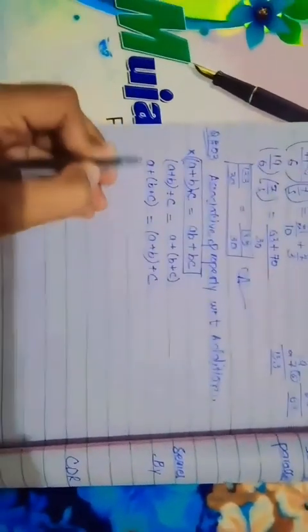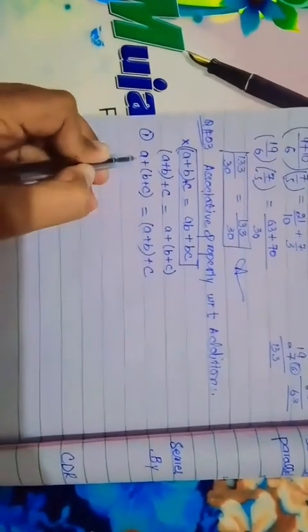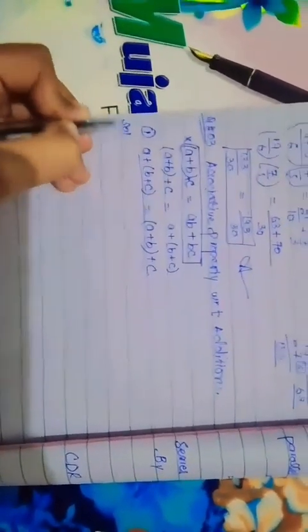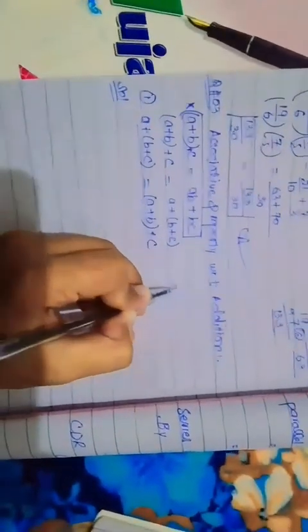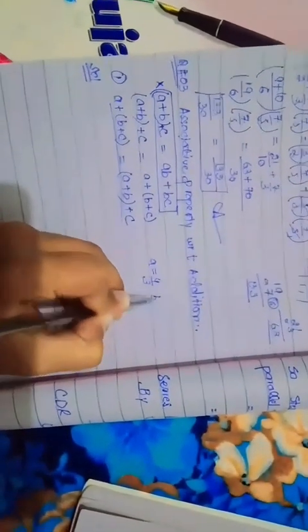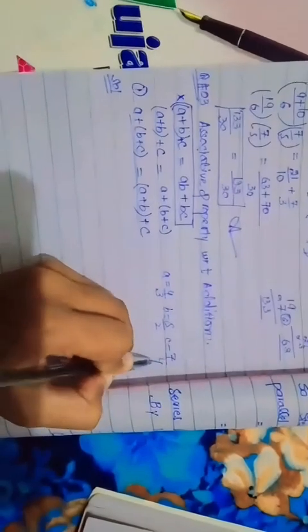So we will put the value in this equation. This one equation is associative property with respect to addition. So we will solve it. We can write here a is equal to 4 over 3, b is equal to 5 over 2 and c is equal to 7 over 4.